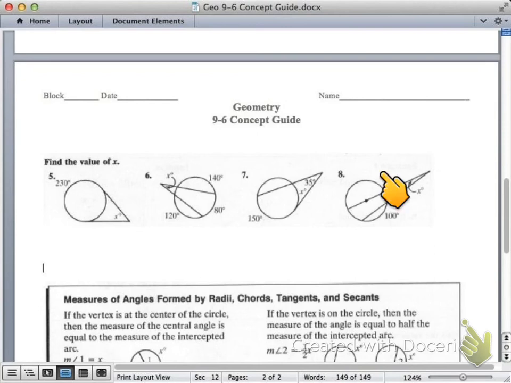On number 8, a hint. There's the center. What is this right here? That is a diameter, which means this arc over here is what? If that's a diameter, what is this? There's your hint. Give those a shot. Okay, those are the answers. I hope it worked out well for you.